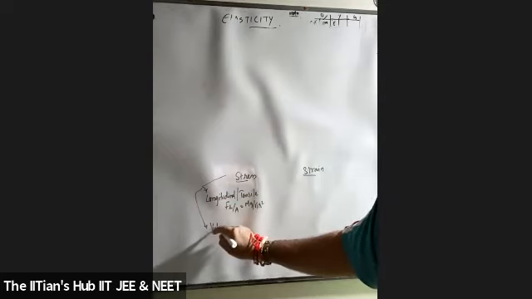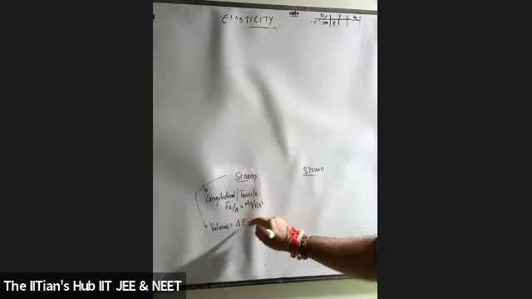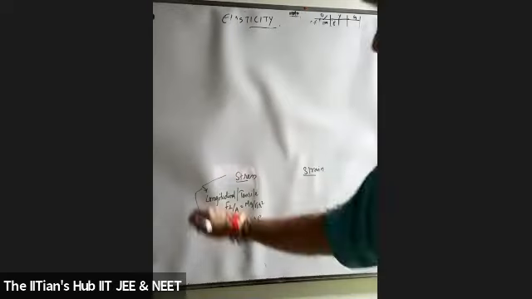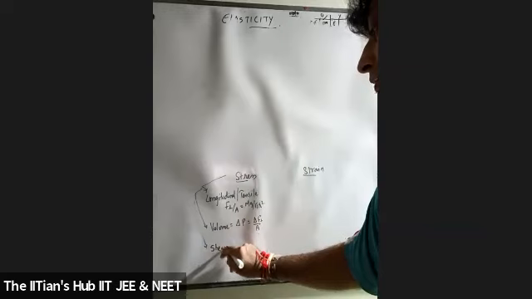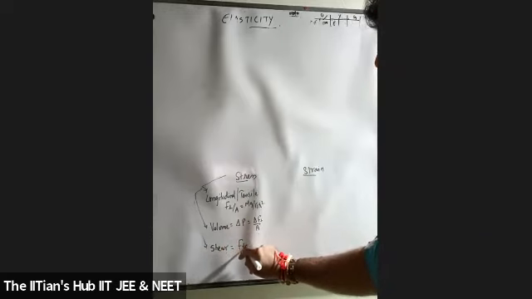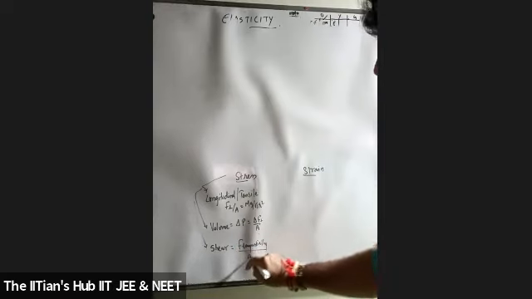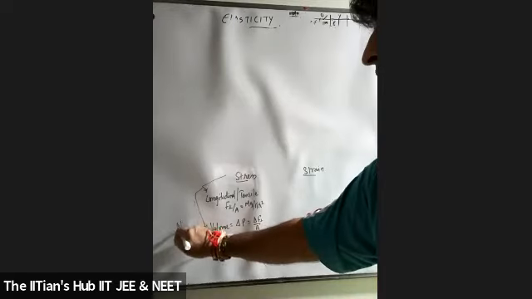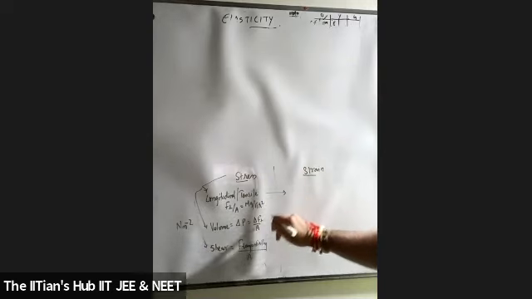Then the next is volume stress, which is change in pressure or change in force acting normally per unit area. Then we consider shear stress, force acting tangentially per unit area. The unit for all of them is Newton per meter square. Due to stress, the body undergoes corresponding strain.